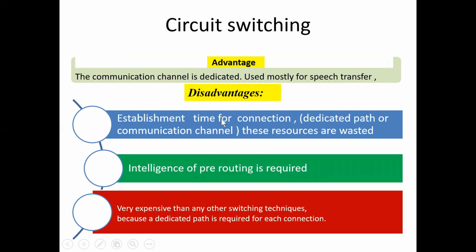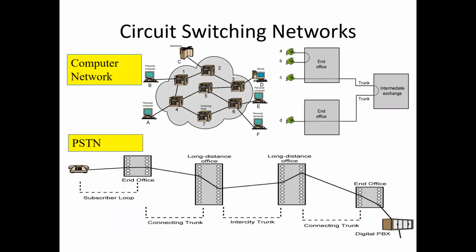But disadvantages are there: there is a time required for establishing and releasing the connection of that dedicated path. There may be chances that the resources are fully wasted if the information is not transmitted. Intelligent pre-routing is required, and it is very expensive compared to other switching techniques, because the resources are given solely to the TX-RX dedicated path.